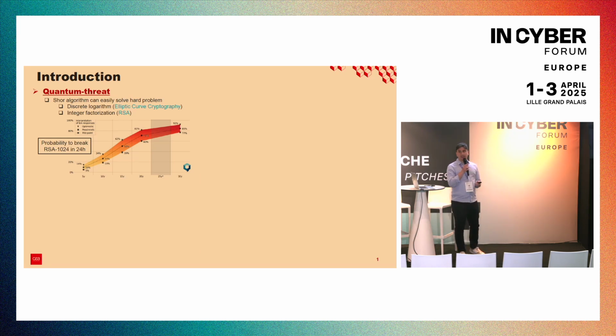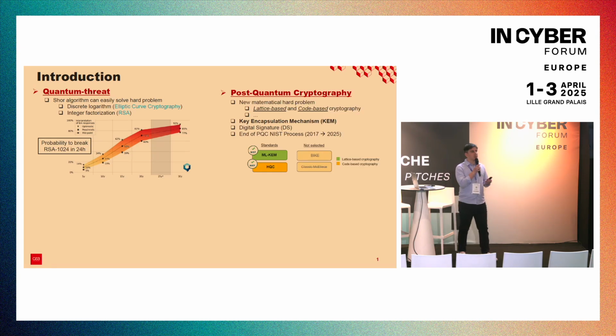Fortunately, there is a solution, called post-quantum cryptography, which is a new branch of cryptography, which has the goal of devising new algorithms based on new hard mathematical problems, where these problems are meant to be secure against classical and quantum attacks.